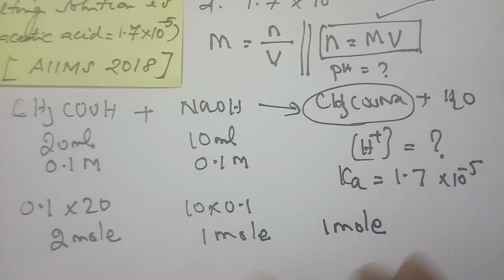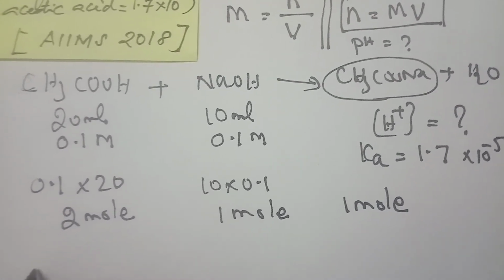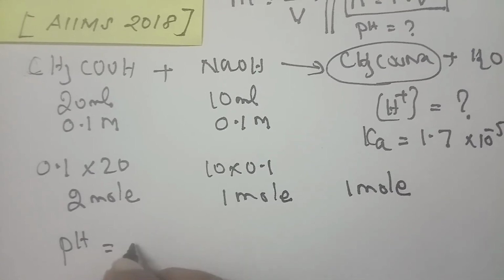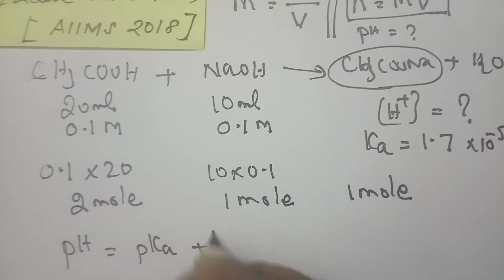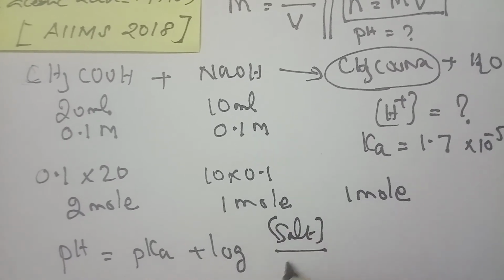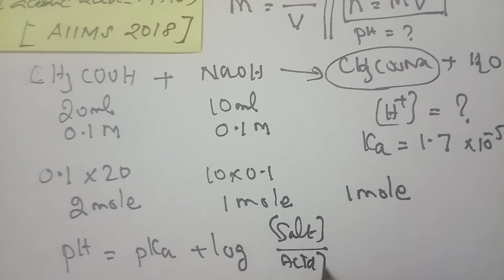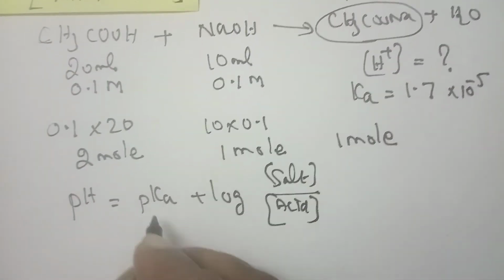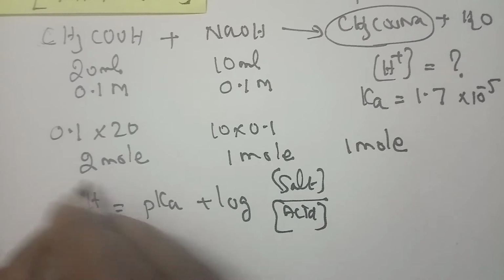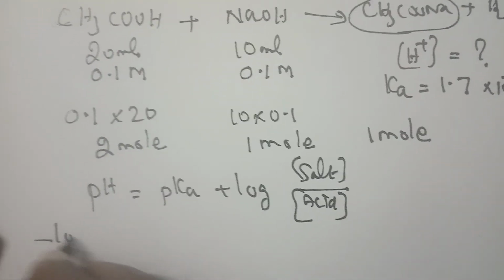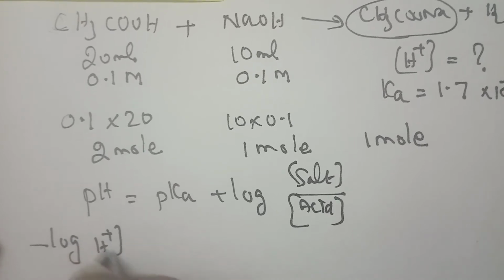Let us go and see the pH equation. The Henderson equation is pH is equal to pKa plus log of concentration of salt divided by concentration of the acid. Here the Ka value is given, and the formula uses pKa. Now let us write pH. pH is negative log of hydrogen ion concentration.